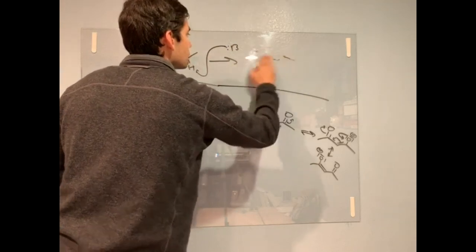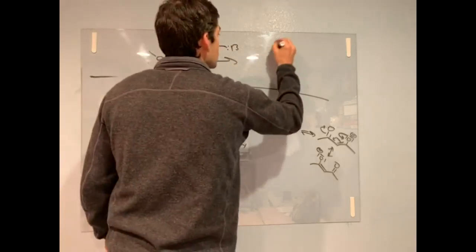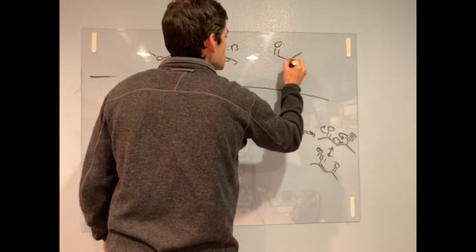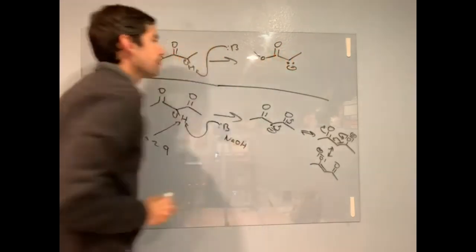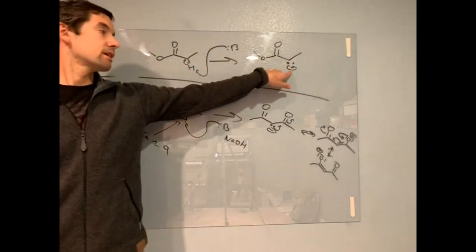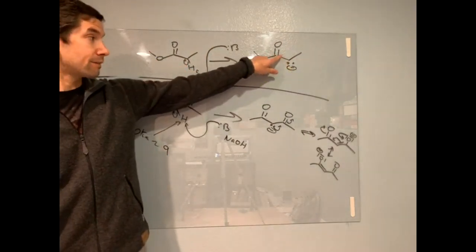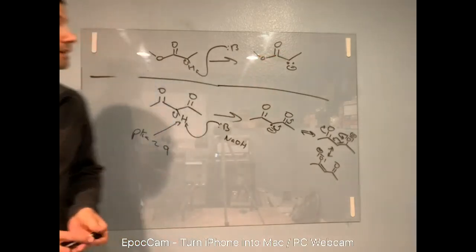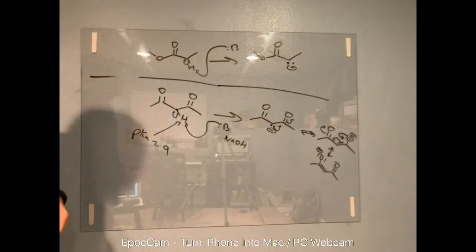Even with our ester, we can take our ester, deprotonate that, to give us this enolate here, where it's very similar to our carbonyls, but we have an ester group there as well, right? This can work as an enolate, and we can do some chemistry on that as well. And we can talk about that.